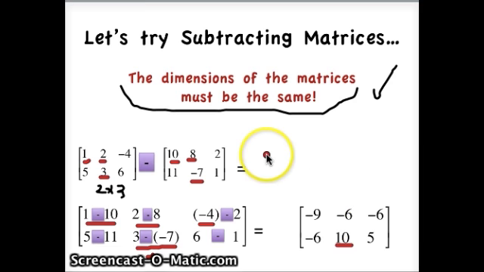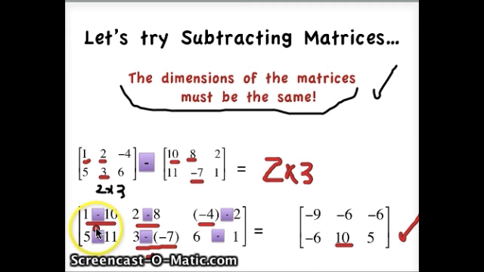Again, the resulting matrix also should be a 2 by 3 matrix, since that is what we started with. And we'll see here we have 2 rows and 3 columns, a 2 by 3. So that checks out as well.